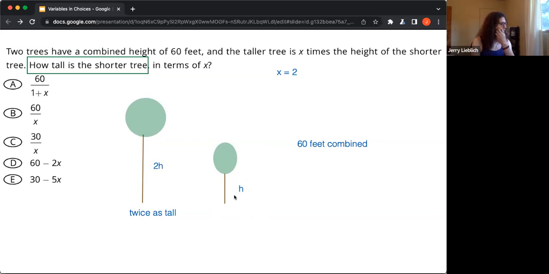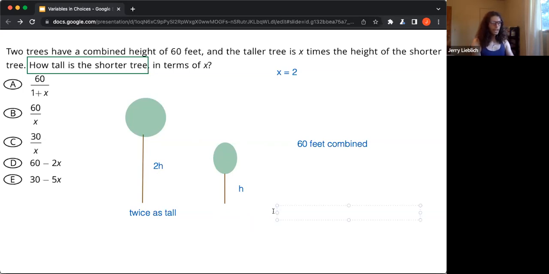If you saw, I did one of these last month about 2 variable word problems. A lot of them are like this, but in this case, by plugging in x equals 2, we can make it a 1 variable word problem. That's easier. But the trick is we need to pick a variable for the height of the tree. Having x equals 2 makes this a little bit simpler.